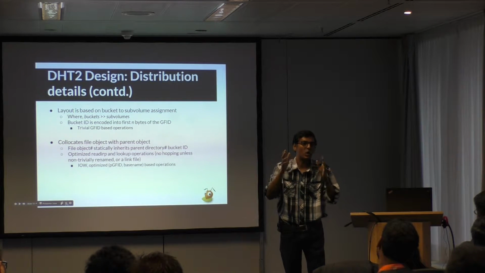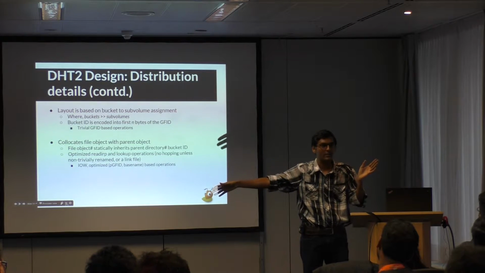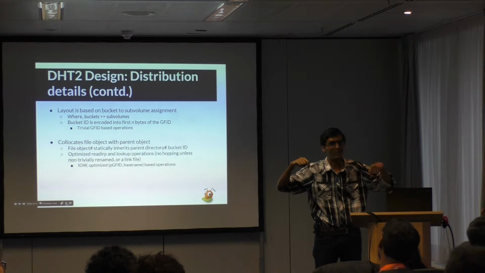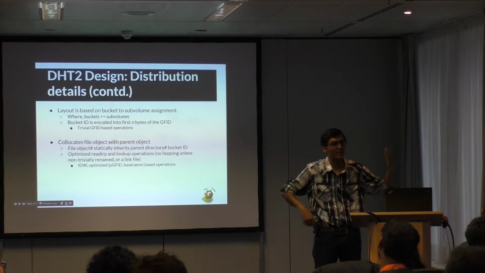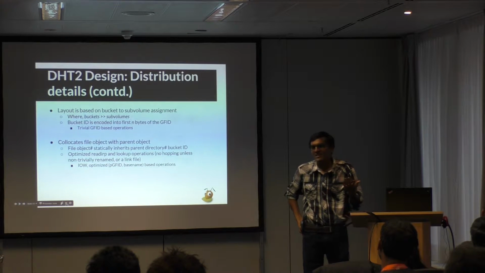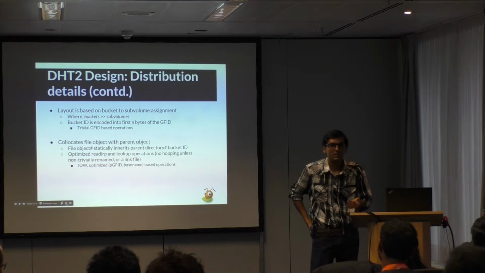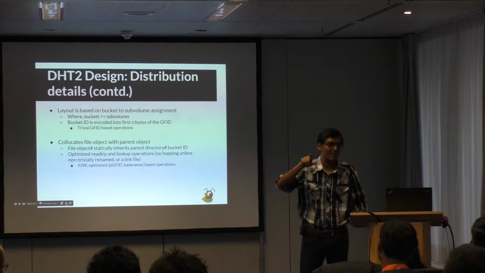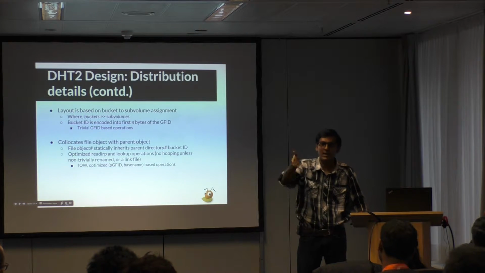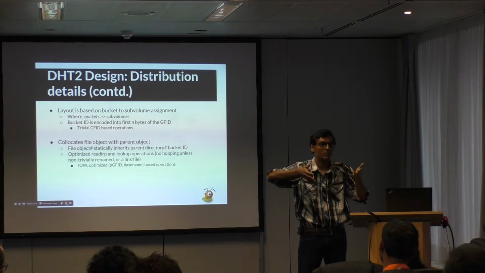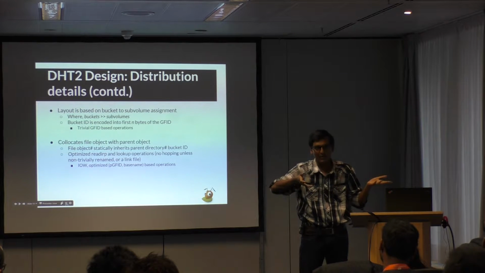Basically, if you rename a file out of one directory to a completely different directory, because then your two directories may have different bucket numbers, but the file will still retain the initial bucket number that it inherited from its original parent. So when you have non-trivial renames, yeah, you're going to lose this, but that's fine, is what I'm saying. But if you're going to rename within the same directory, change the name of the file, create a temp file, rename it within the same directory, the bucket number is going to be retained, and it's just going to be co-located with the parent anyway.